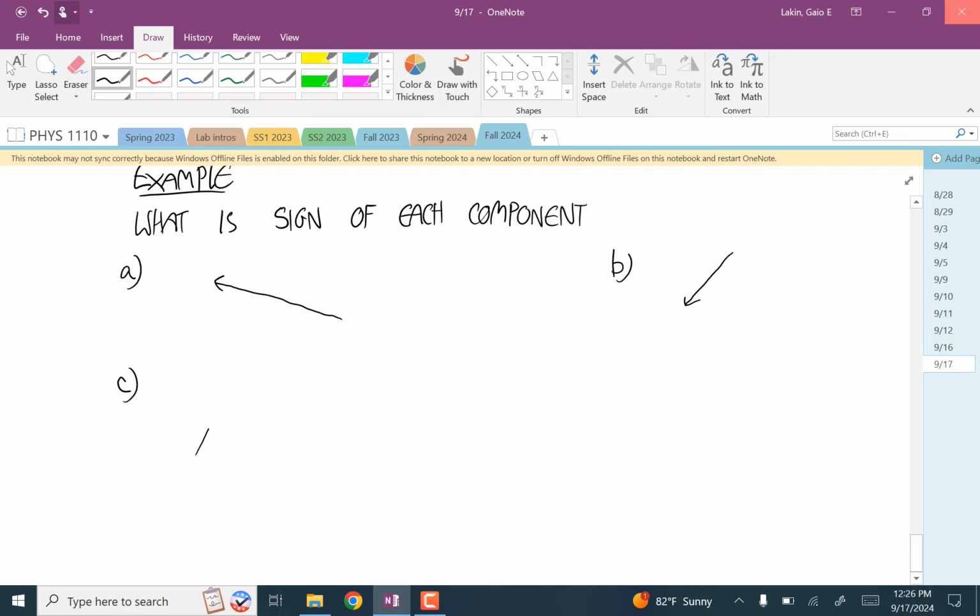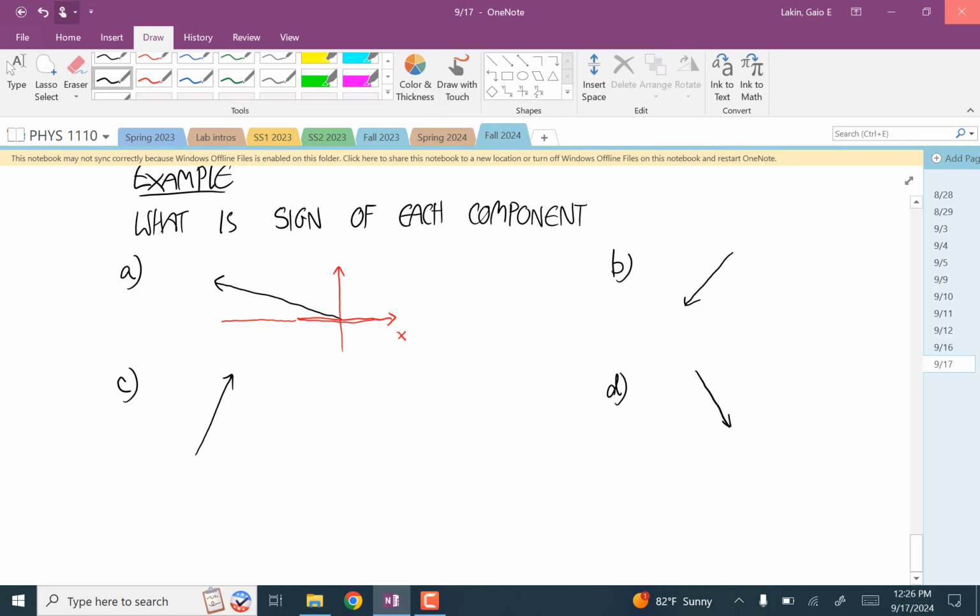The third one is this vector. And the fourth one is this vector. So to visualize the signs of these, you can draw it or just imagine it. Put the coordinate system at the tail of the vector. And then you're just trying to figure out what quadrant the head of the vector is in.